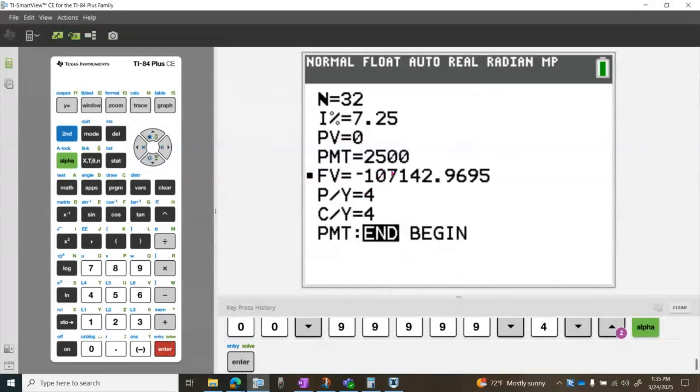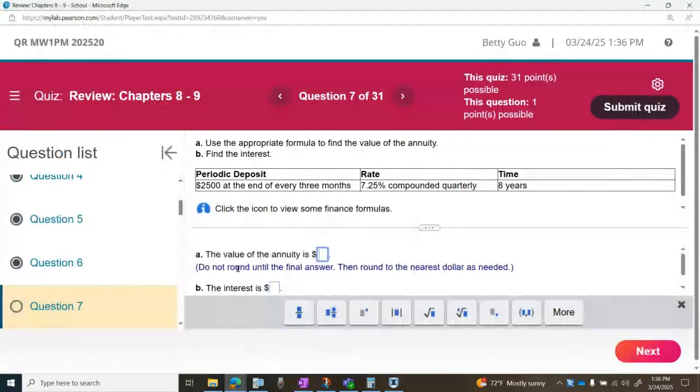Alpha, enter. Future value, we don't know yet, right? So later we're gonna figure out how much money you have put in the account. So future value, you're gonna have a lot of money, $107,142.97. See, how do we round it?